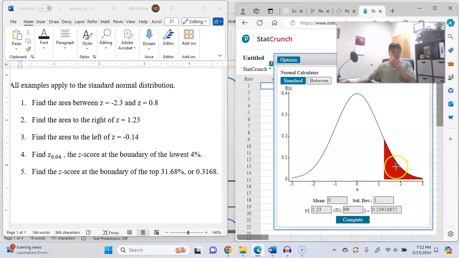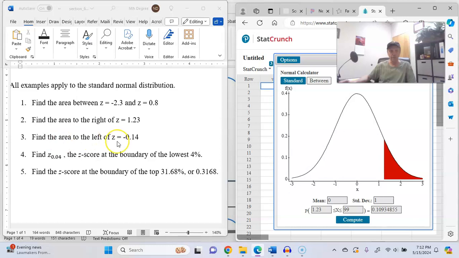Compute. Well, there's the right tail. That agrees with the picture we drew. And it tells us that the percentage is 10.93%. I think by default, these percentages are rounded to 4 decimal digits. 0.1093. That would convert to 10.93%.